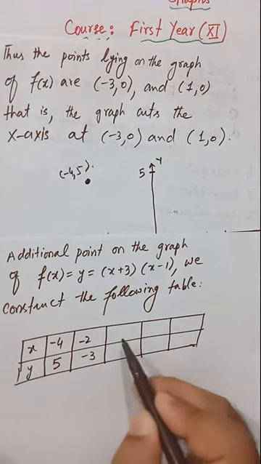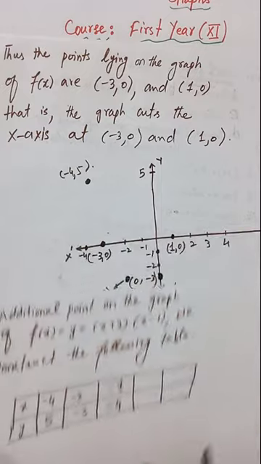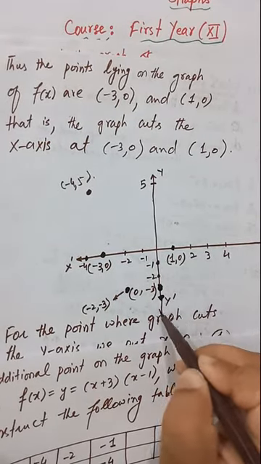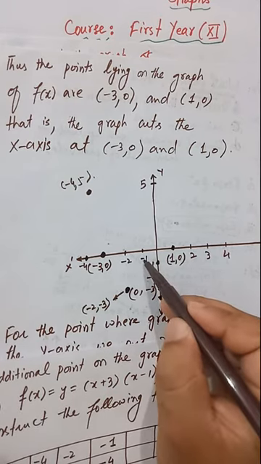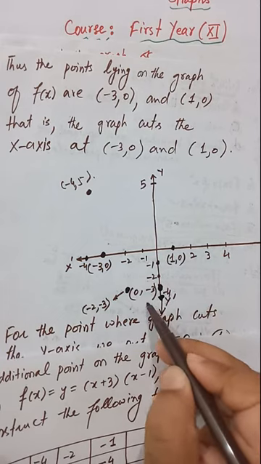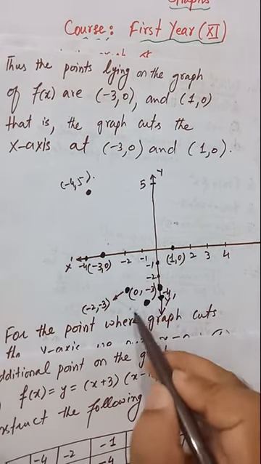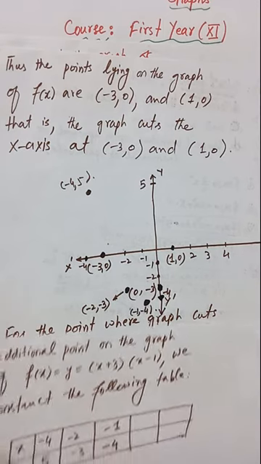When I plug x equal to -1, I get y equal to -4. So that point is (-1, -4).